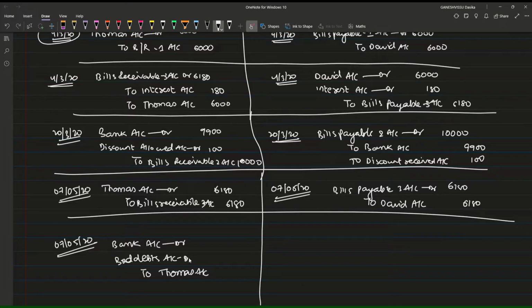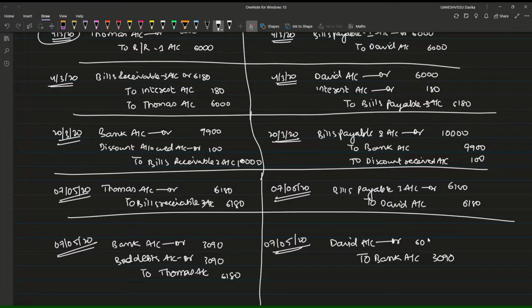So bad debts account debtor, sorry, 3090 rupees. 3090 is recovered, 3090 is recovered, 6180 is the total amount. And in the same case, 7/5/2020, David account debtor to bank account 3090 is paid, and 6180 is the total bill amount.